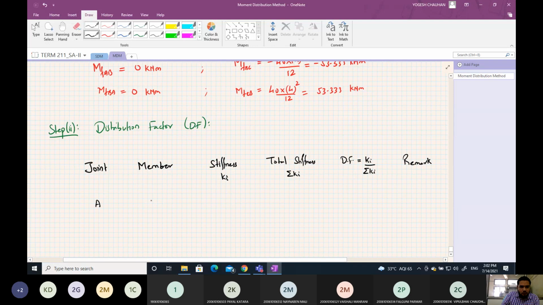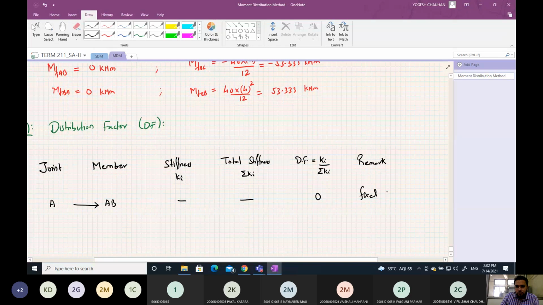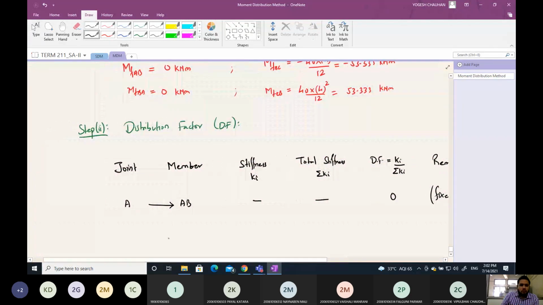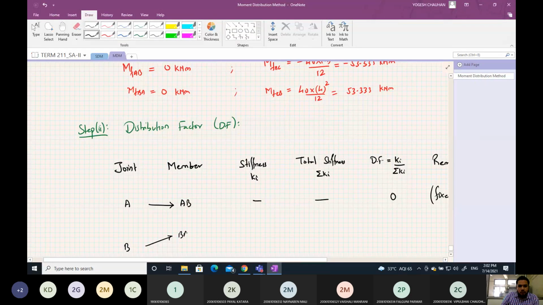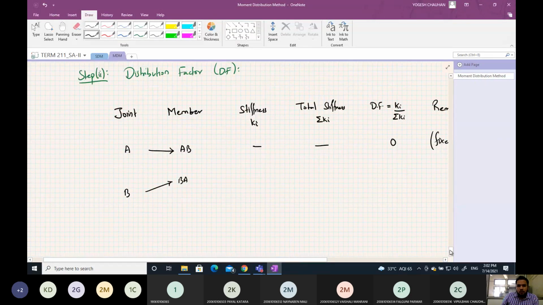So joint A, it is connected to member AB. Here it is a fixed joint, so distribution factor is 0 because it is fixed support. Then the joint B, it is connected to member BA and to member BC.